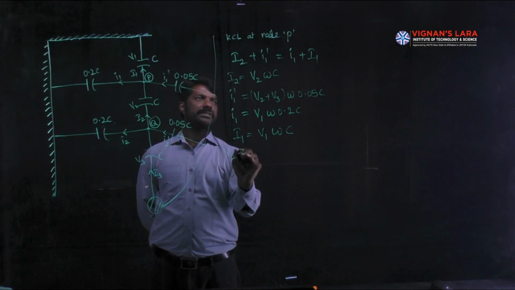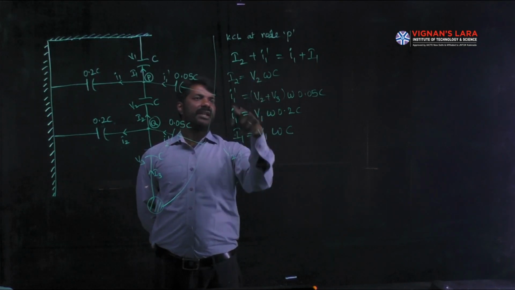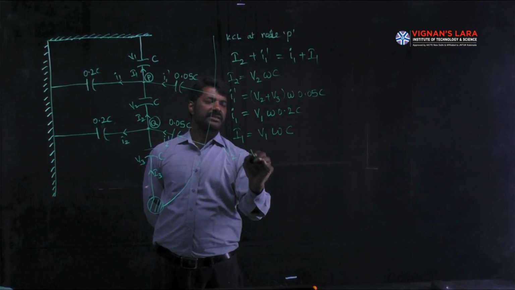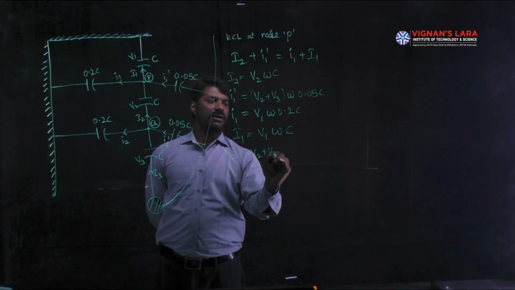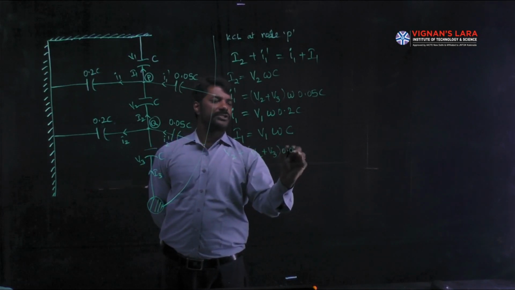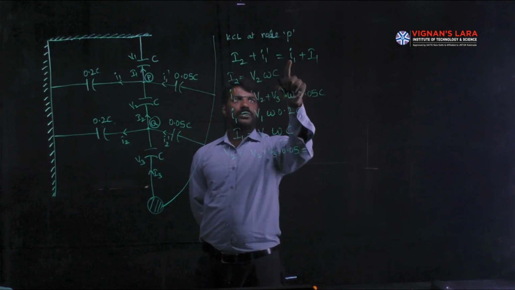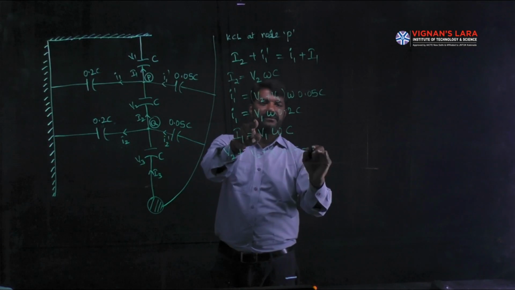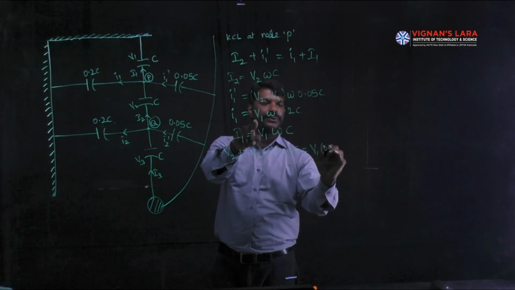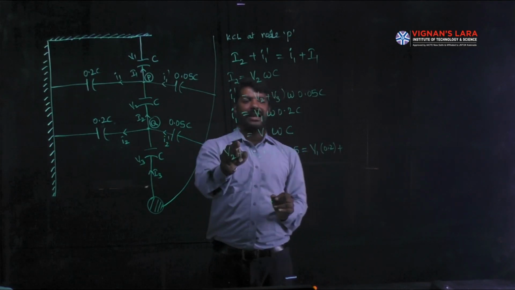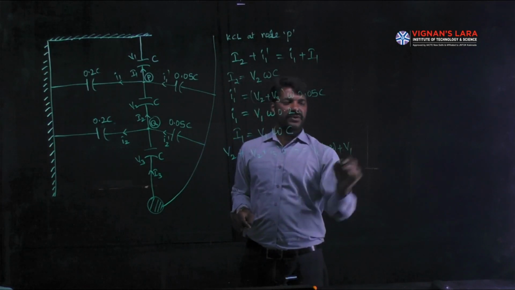V2 plus I1 dash. I1 dash can be written as (V2 plus V3) times 0.05, which is equal to small I1, V1 into 0.2, plus capital I1 as V1.